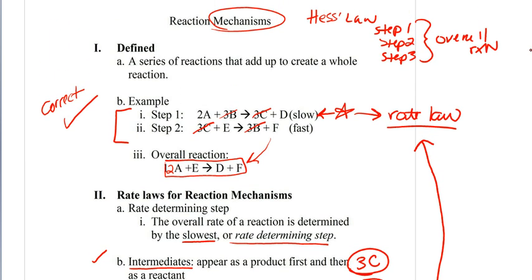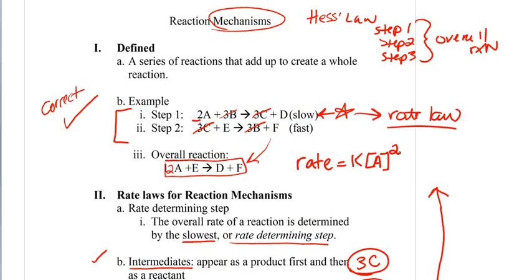Sorry if I'm making you nauseous here, but let's go back up here and determine the rate law for this example. I'm going to refer to the slow step, and so I will say rate is equal to k. And then I look to see what my reactants in the slow step are, and it is 2A. So this will then be A squared. I'm going to use my coefficient as my order. Again, we can only do that for a mechanism, not in the experimental.